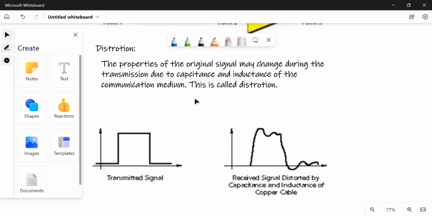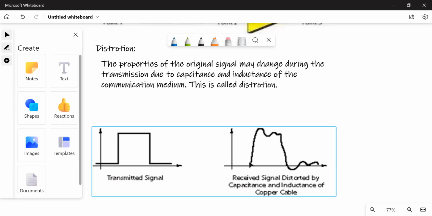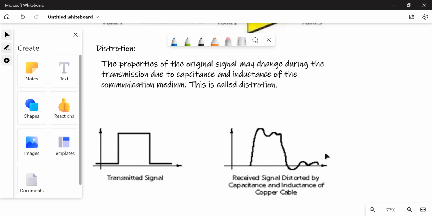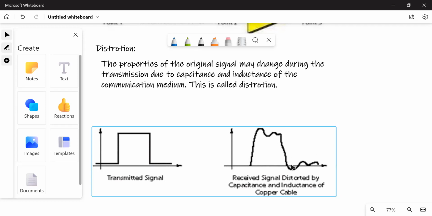Capacitance and inductance mean the effects in copper cables usually will affect the change of the signal. So when you're sending a signal, it looks like this, but when you're receiving, it's something like this, right? And this is called distortion.